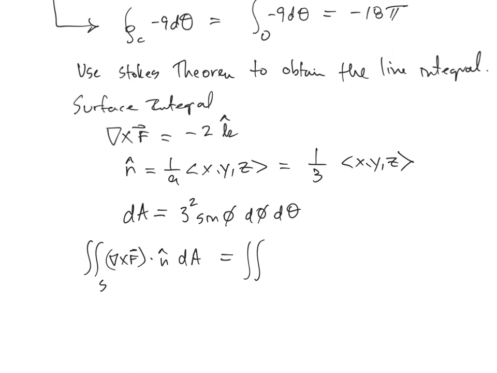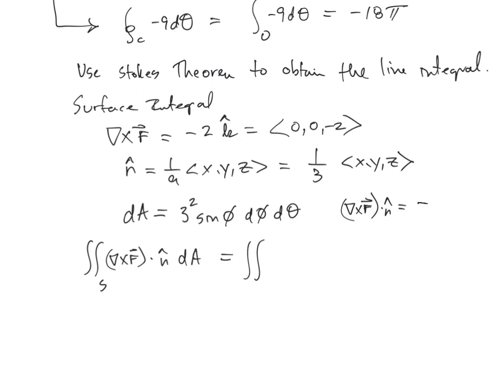What is del cross F dot n hat? Let's calculate that first. So take the dot product of this vector up here with this. So the dot product of these two, what do I get? I get minus 2z times 1 over 3, right?